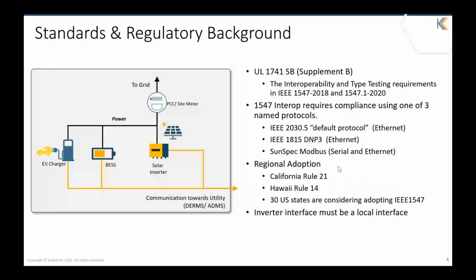To start with, some background on the standards and regulatory requirements that drive the interconnection of DER with the utilities. UL 7041 Supplement B is a standard defined primarily for the safety of grid-tied inverters or converters that are designed to provide grid support functions.